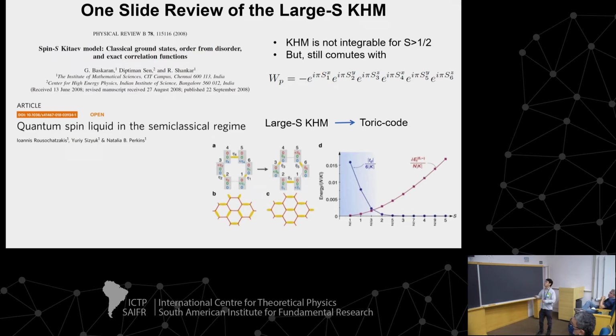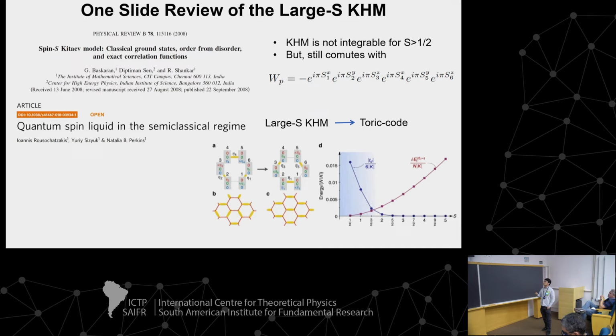The validity of this effective toric code theory depends on this energy scale that's in purple, which corresponds to an energy scale for freezing this Kekulé pattern.